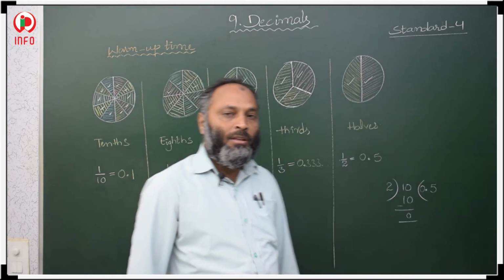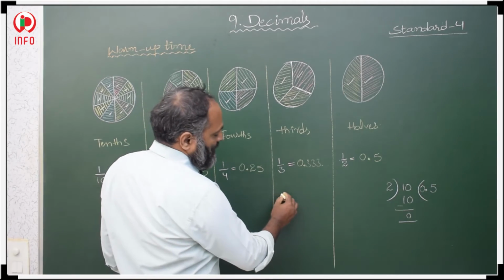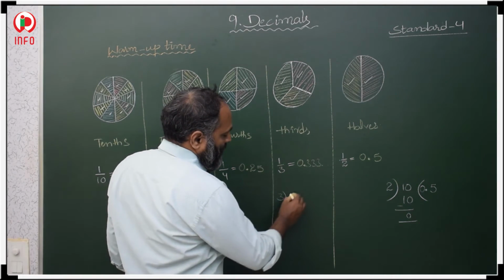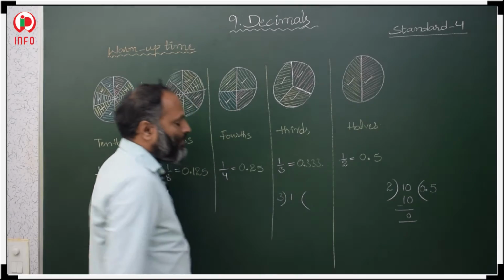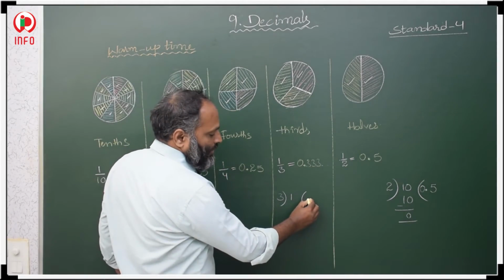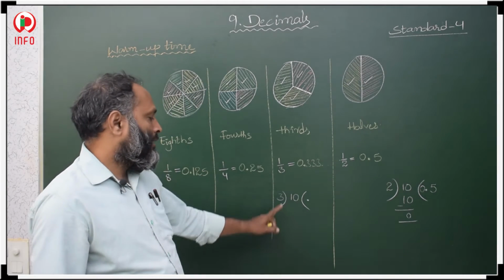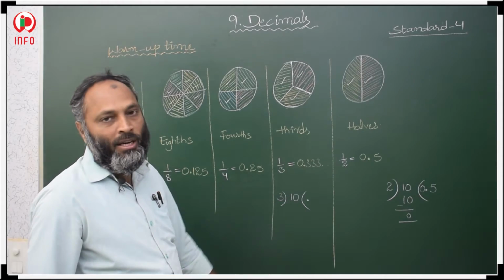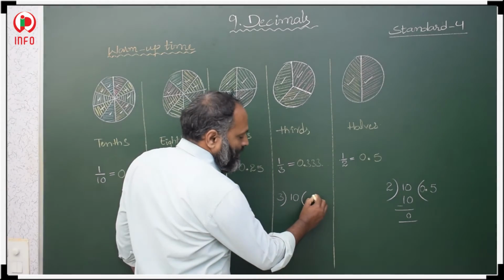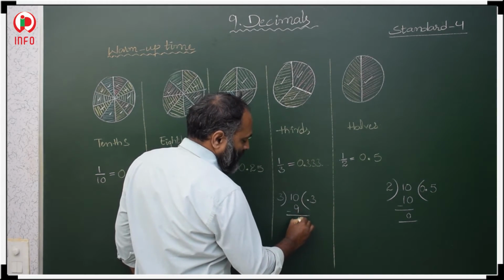In the same way, 1 by 3: we have to divide 1 by 3. So, 1 is a smaller number, so we have to take a decimal. Then you will get 10 here. Then in the 3 table, 3 3s are 9. 10 minus 9 is 1.